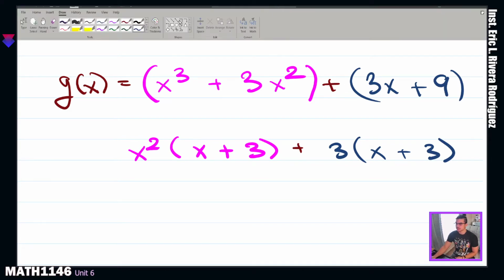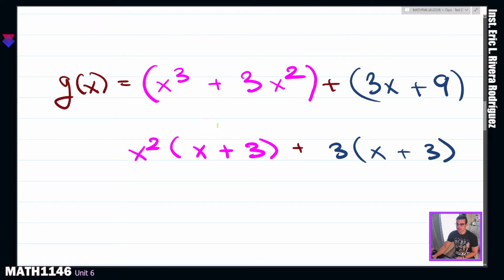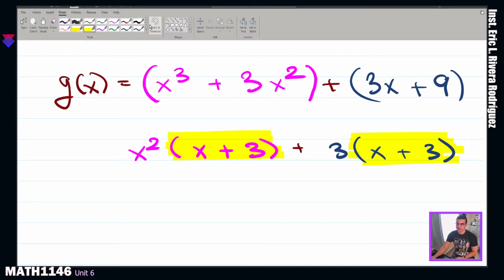Now we are seeing a common factor within the terms, and that common factor comes in the form of a polynomial, a linear polynomial.